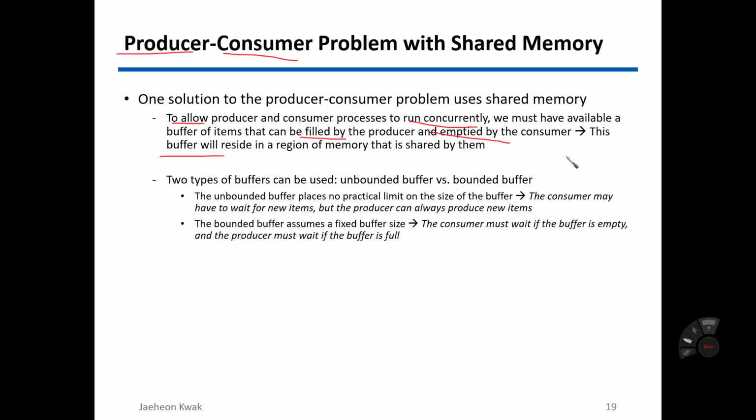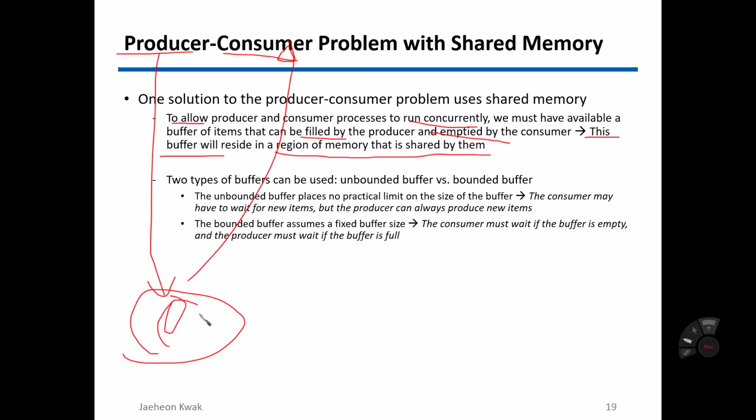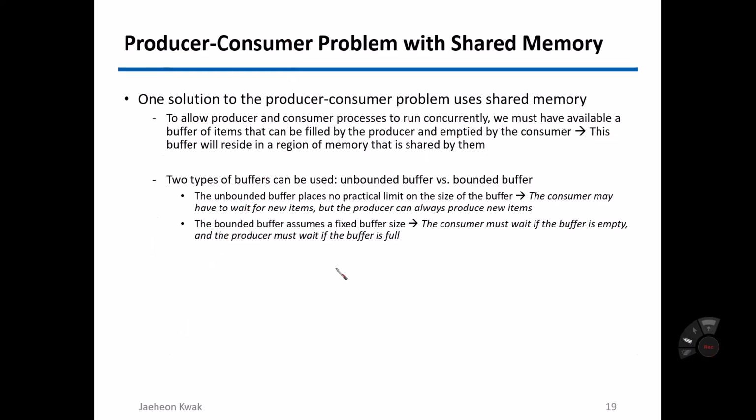This buffer will reside in a region of the shared memory. The producer will generate the data and the consumer will consume the data. During this process, we have to care about the produced and to-be-consumed data, which will be temporarily saved in the buffer. And there are two types of buffers: unbounded buffer and bounded buffer.